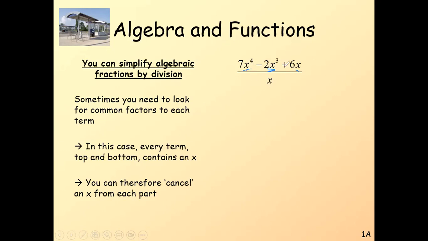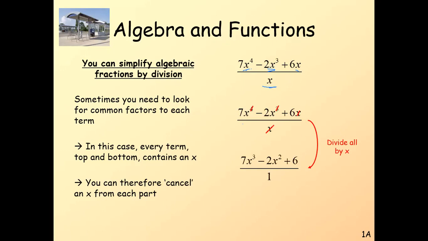This has x, this has x, this has x. If you take the x common, then you can cut it with the x in the denominator, and that is simplified. Simply cut the variables. And we don't write 1 in the denominator, so you are left with this equation. So that is a simple case.